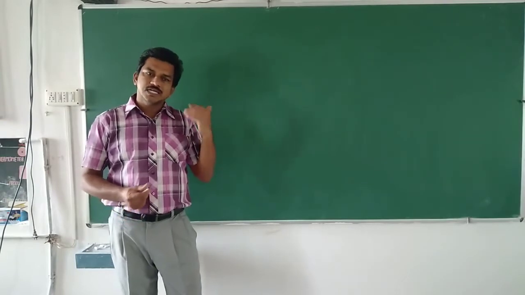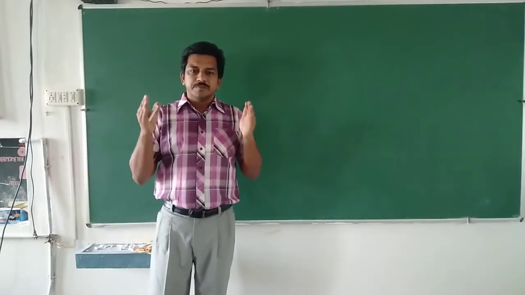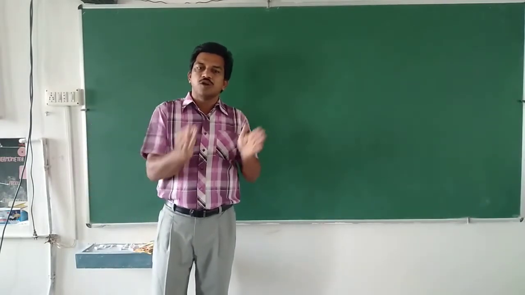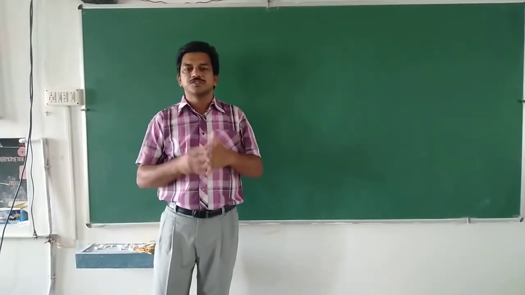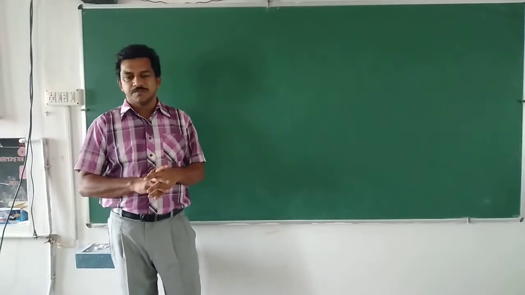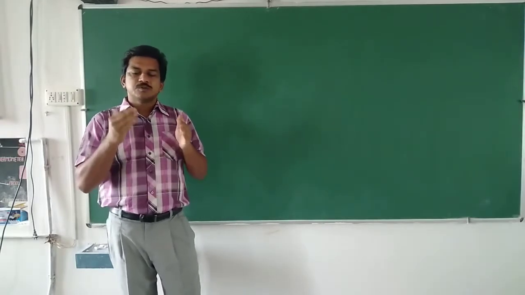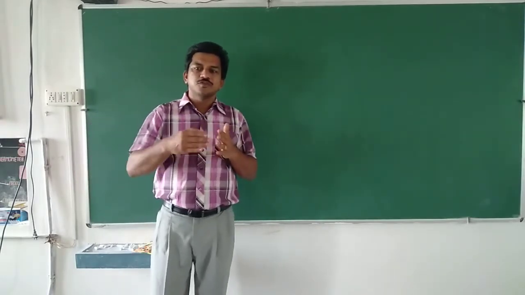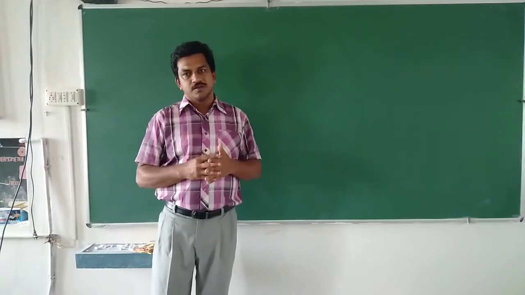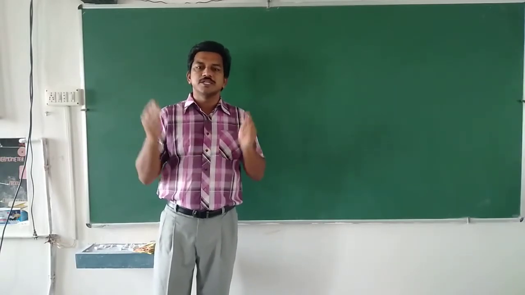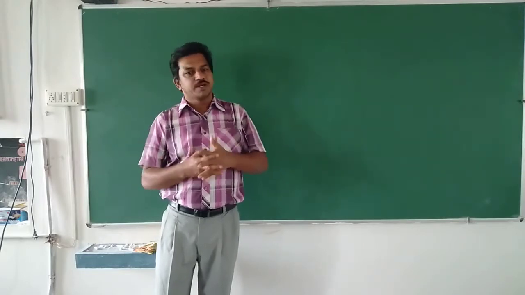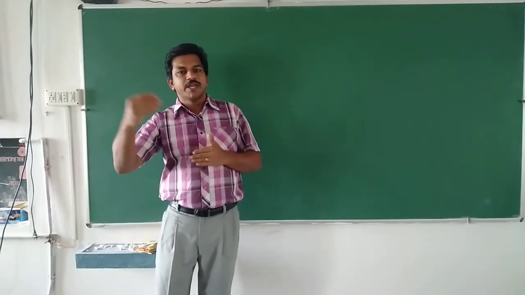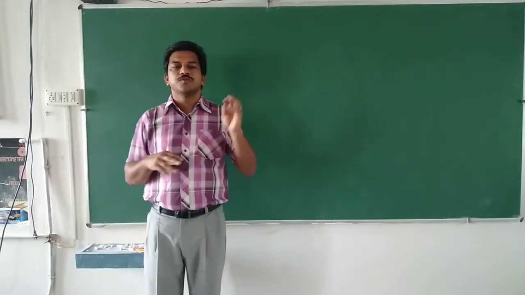And the third one, the same bill can be discounted with the banker. In the last class we have discussed what is bill discounting. Suppose this bill may be drawn for 6 months, but the drawer is in urgent need of money. He cannot wait till 6 months to get the money. So what will he do?